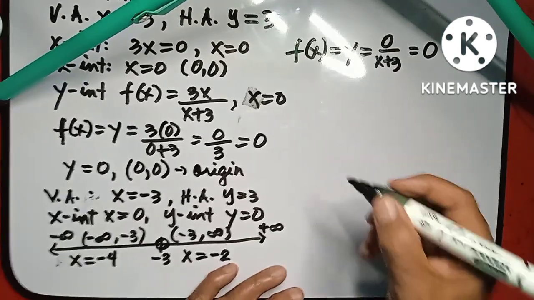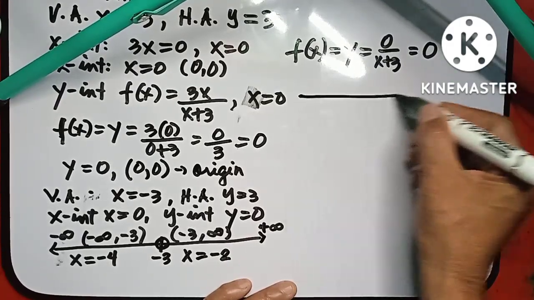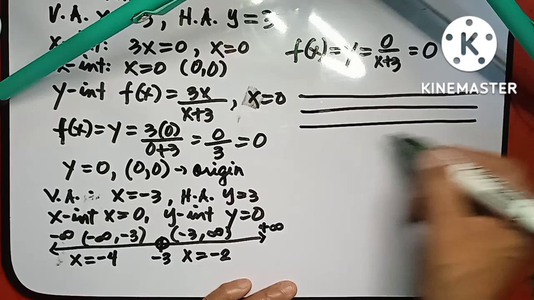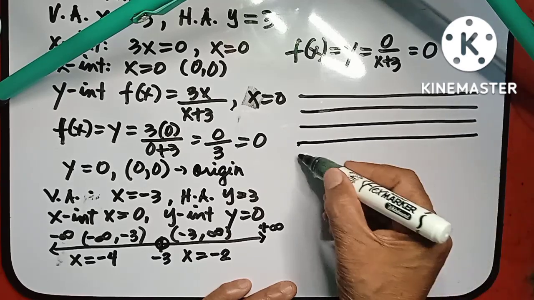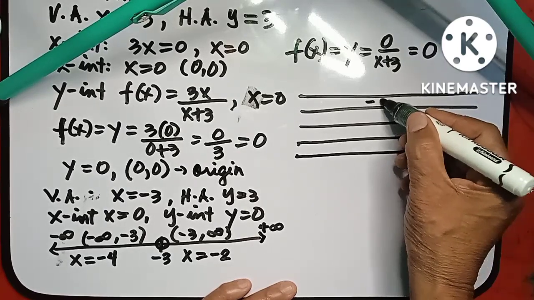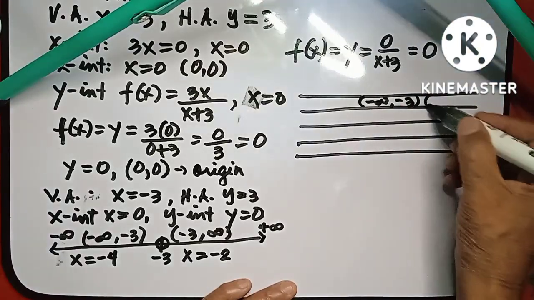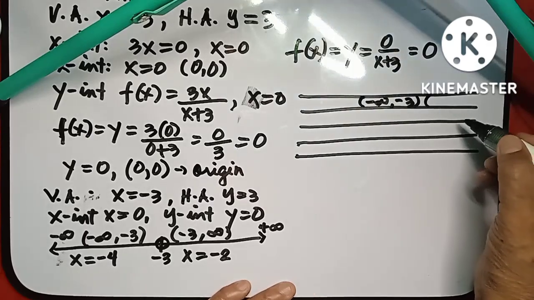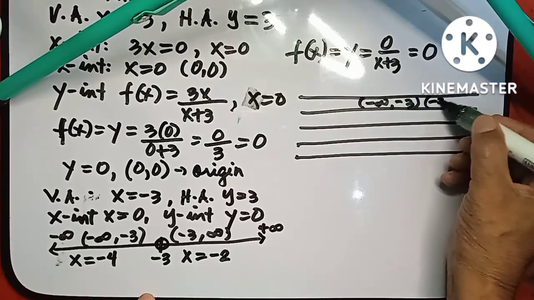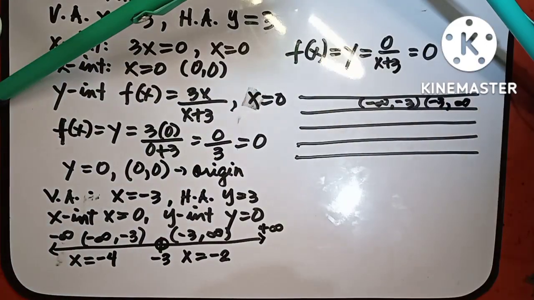This is how to make the table of signs. The intervals will be from negative infinity to negative 3, and from negative 3 to positive infinity.